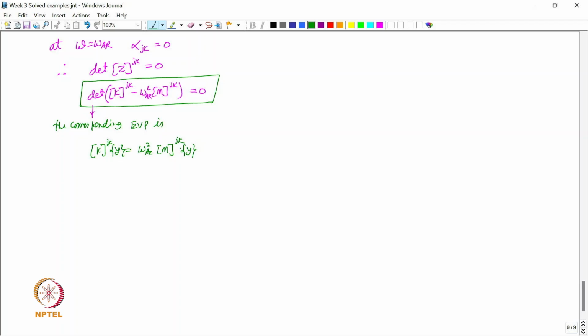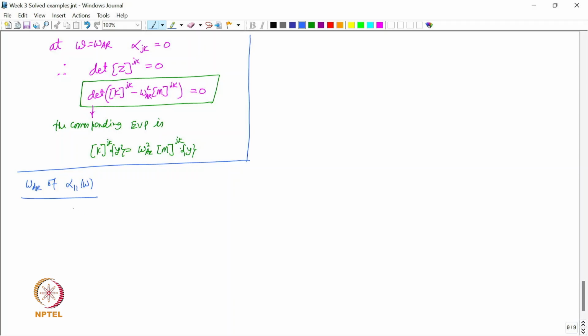Let us use this theory now to find the antiresonance frequencies for the 3 FRFs we have been asked to find. So, let us first take the FRF alpha 11 omega AR of alpha 11 omega. So, we will make use of this determinant equation, right.